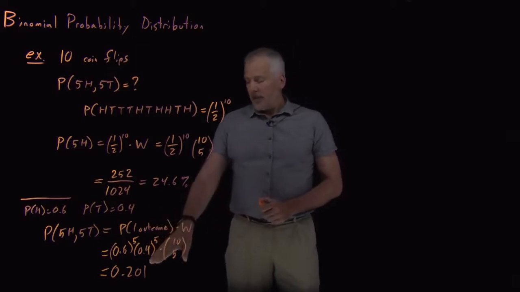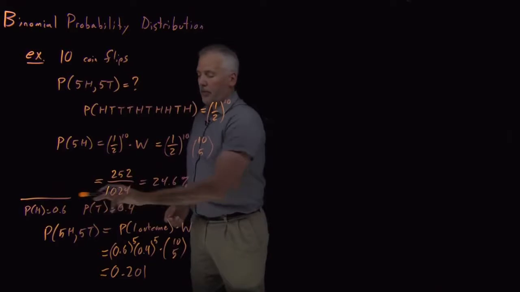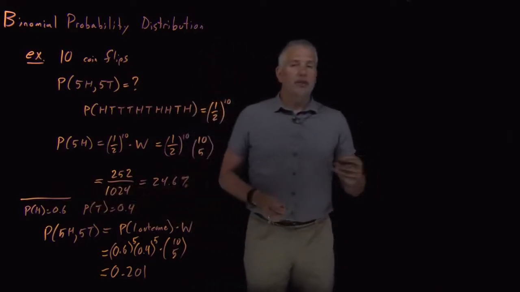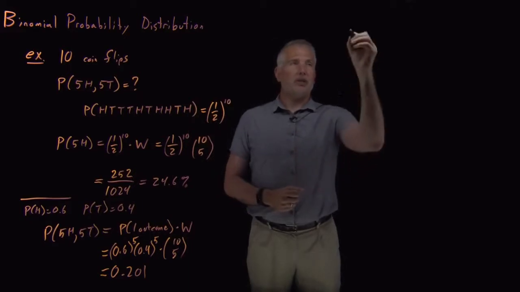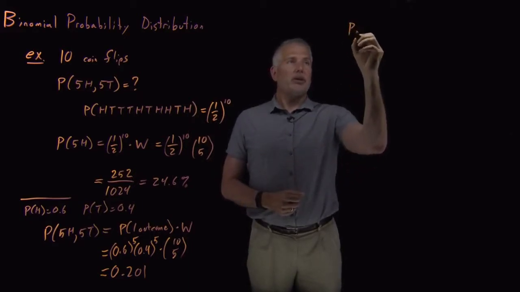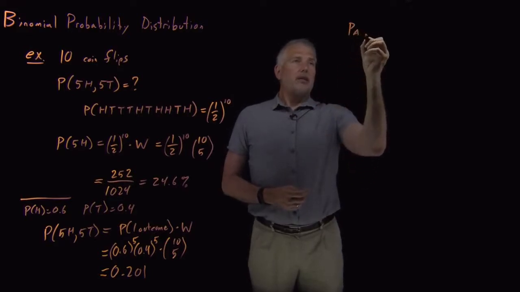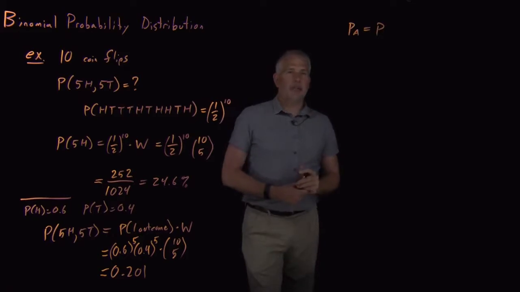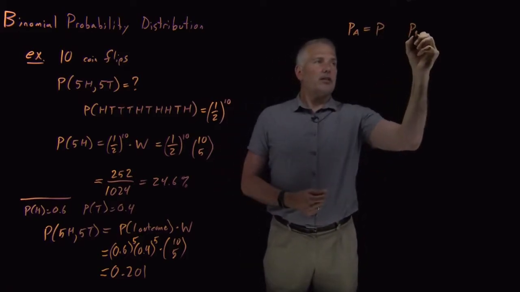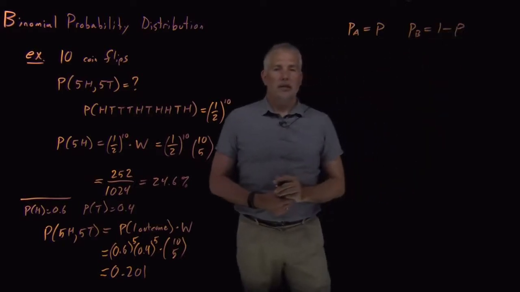But the important thing is now we can do a calculation like this regardless of what the probability is of each individual outcome. In the general case, for this binomial probability distribution that we're talking about, let's say event A has some probability of occurring, and some different event B has probability of everything else.